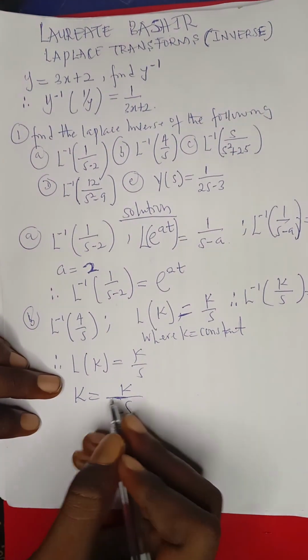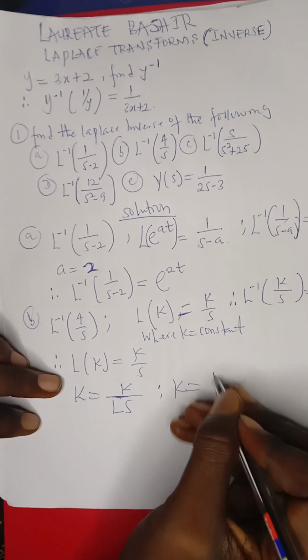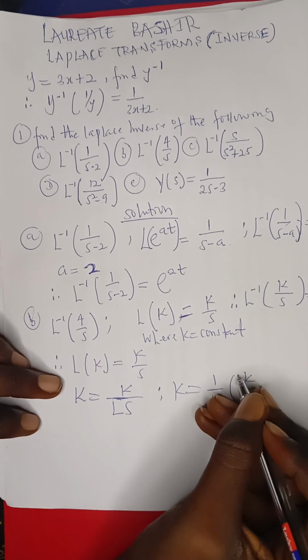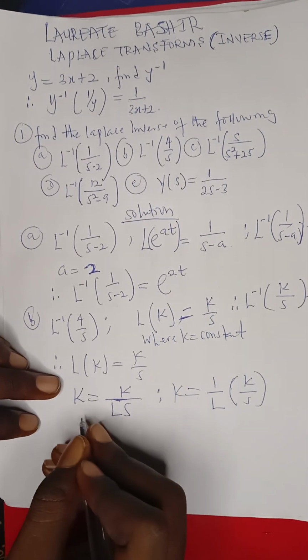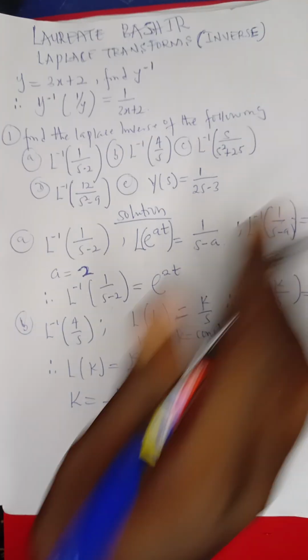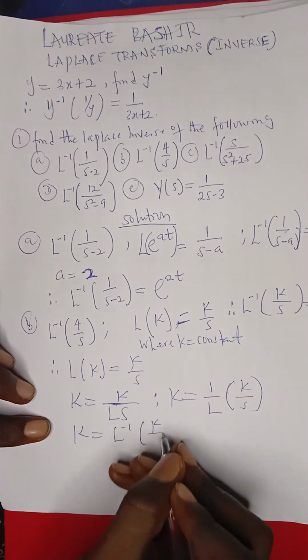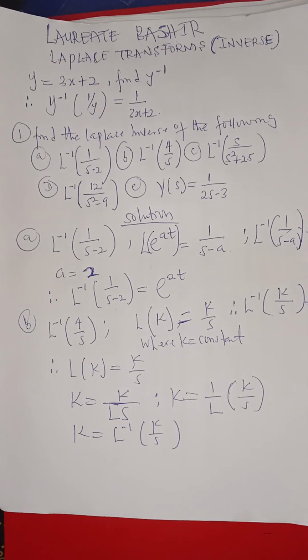So k equals 1 over Laplace into k over s. Same thing. So 1 over Laplace is the same thing as Laplace inverse of k over s. So Laplace inverse of k over s is k. That's just normal mathematics that you have to know.